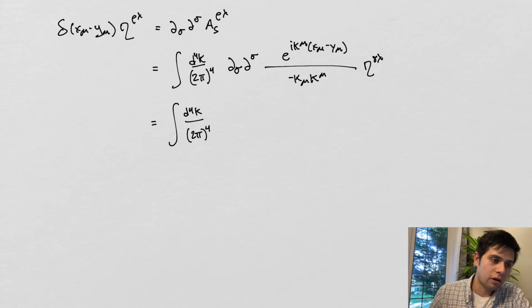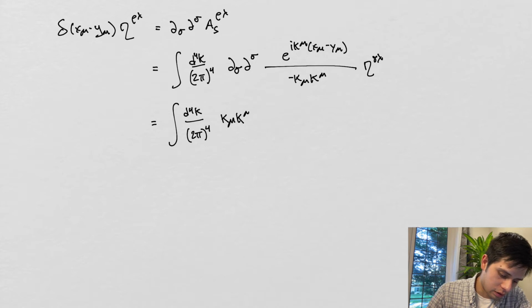When we perform our integration, we're just going to get our momenta vectors out, and everything else is pretty much just going to stay the same. So what I'm going to do here is just copy paste.